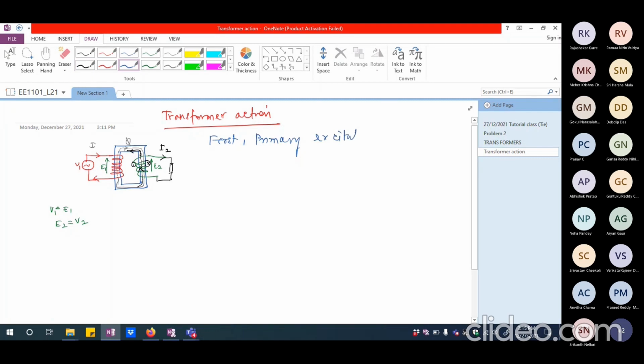I'm just writing step by step the working of the transformer. Primary excitation is applied. This causes a current flow in the primary winding.